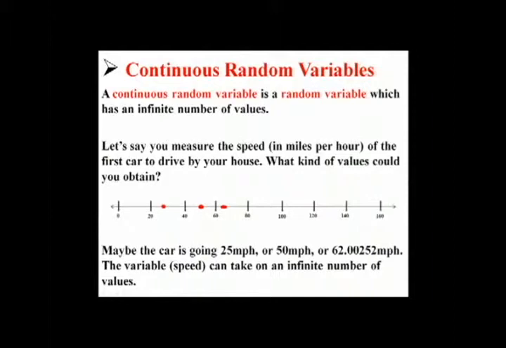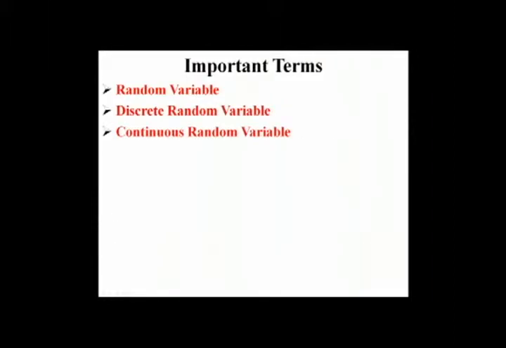There are an infinite number of values this variable could take on because it is a continuous random variable. So know that a random variable is a variable that has its value determined by a probability experiment, and know that the values you get will indicate that you either have a discrete random variable or a continuous random variable.